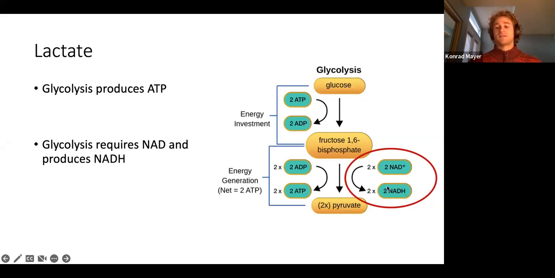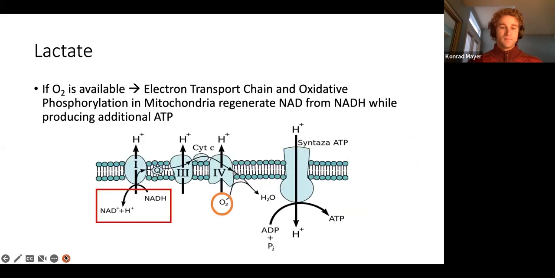So what happens with this NADH? Because to do another round of glycolysis, we need this NADH to go back to NAD. This happens in the mitochondria, the powerhouse of the cell. So if oxygen is available, the electron transport chain, ETC, and oxidative phosphorylation in the mitochondria regenerate NAD from the NADH while producing additional ATP.